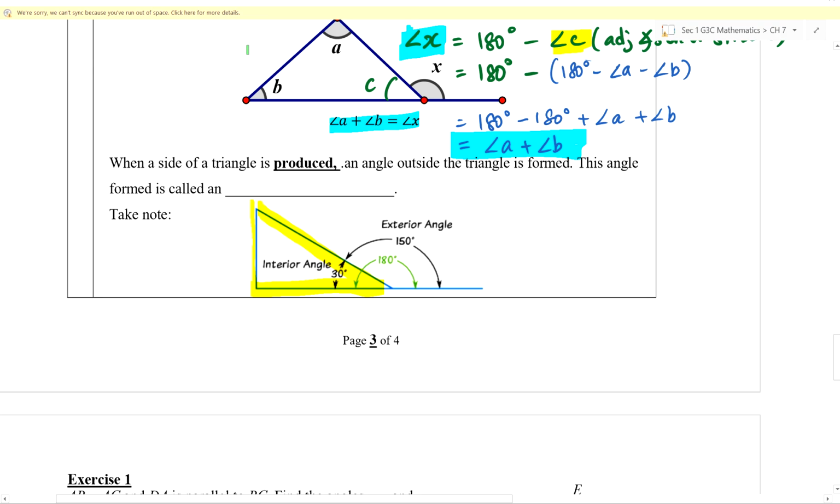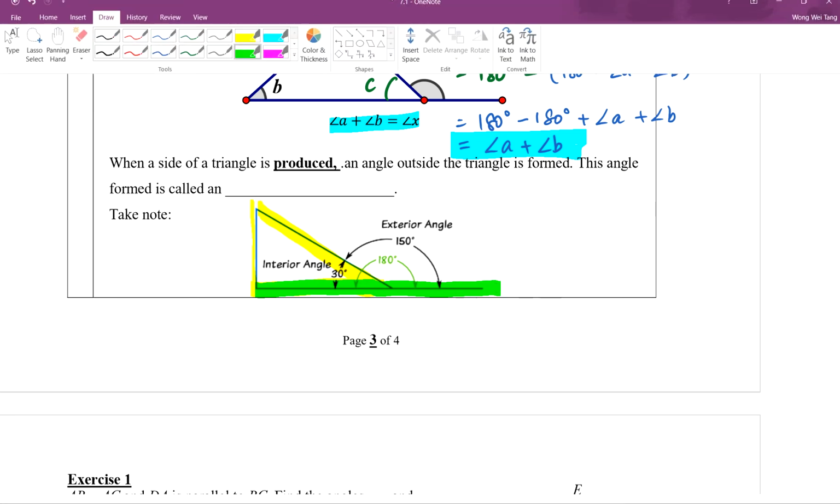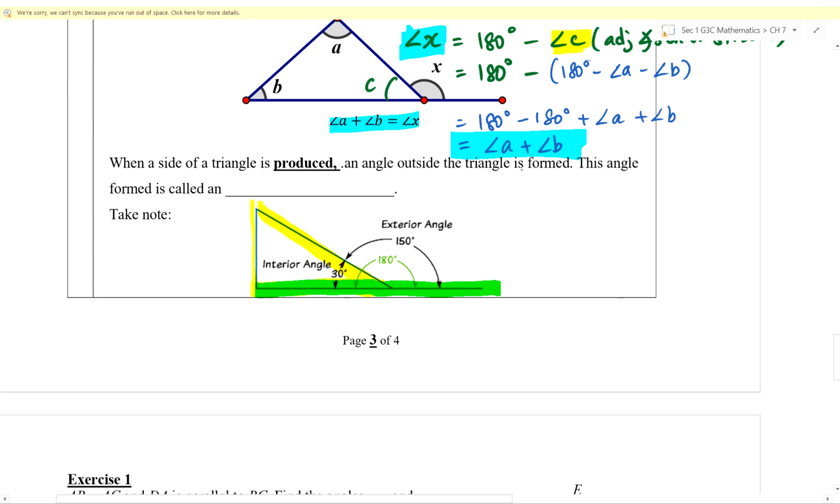When a side is produced, follow the green highlighter, that means we extend it, we will form an angle outside the triangle. Here, this is the angle that is formed. It is known as an exterior angle. So this particular exterior angle must be the sum of these two other red angles.